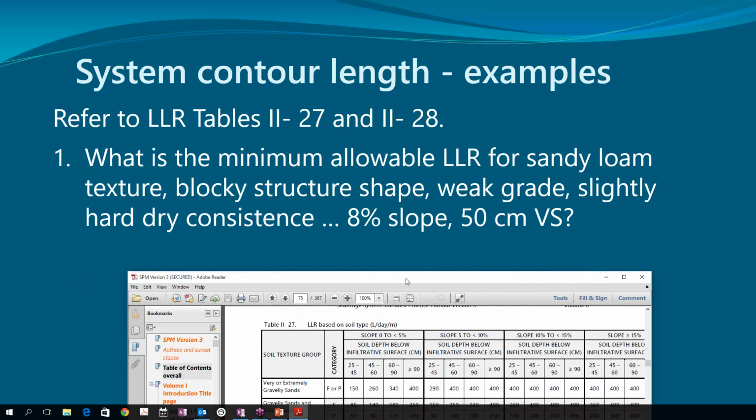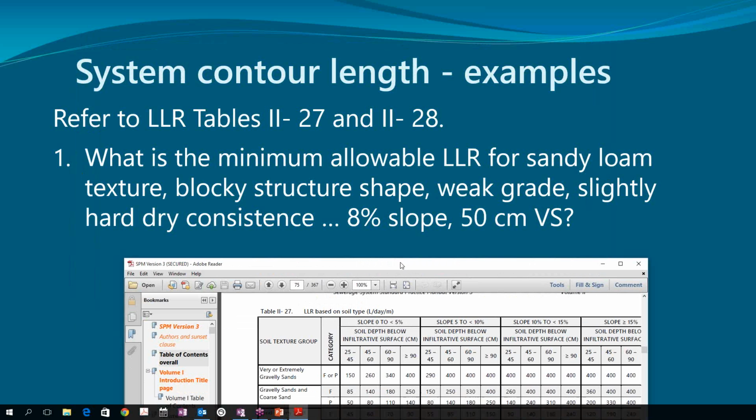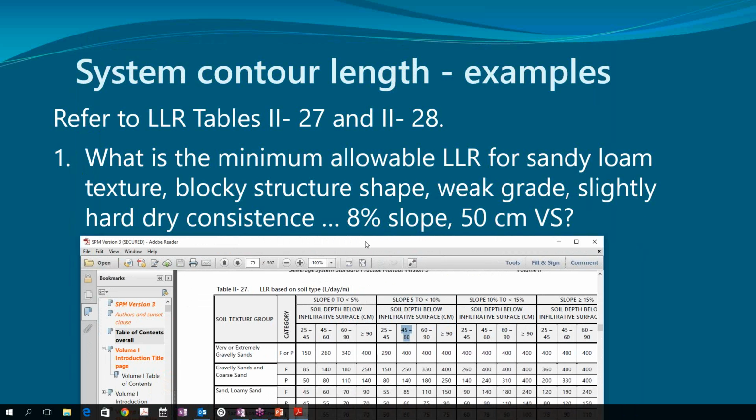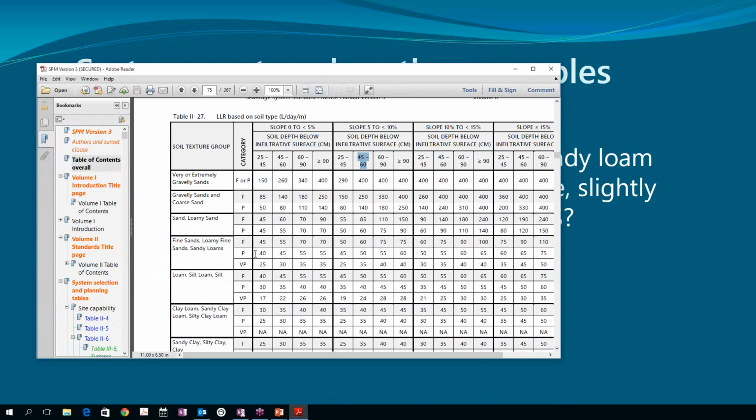And then the question gave us slope and depth. 8% slope, so that would be in that column. 50 centimeters VS falls in that column. And it was sandy loam poor, so it looks to me like it's 50. 50 liters per meter is the answer so far.